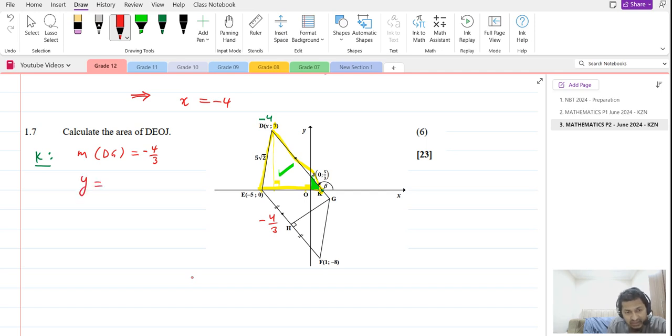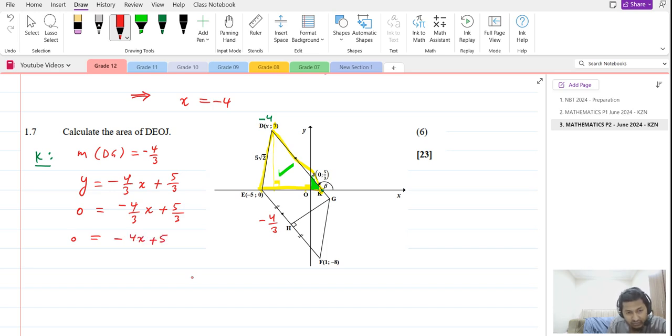So y equals mx plus c, plus 5/3. We're going to find the coordinates of K, so we're going to make y 0. So -4/3x plus 5/3. You can multiply the entire equation by 3. So you get 0 equals -4x plus 5.